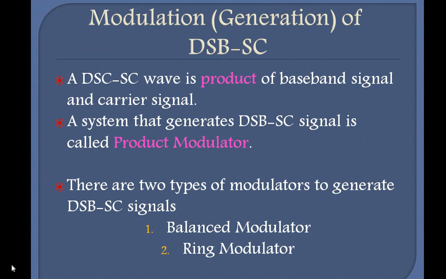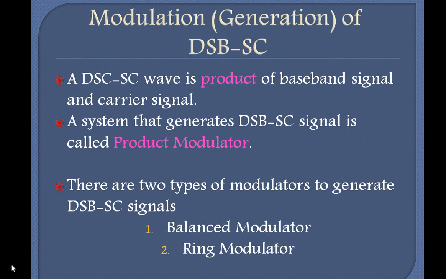That's the reason we are using DSB-SC, where the carrier is suppressed and only the sidebands are transmitted. The main information or the message signal is completely present in the sidebands, as we said. So we are suppressing the carrier. Later we will be suppressing one more sideband also, that we will see next time.